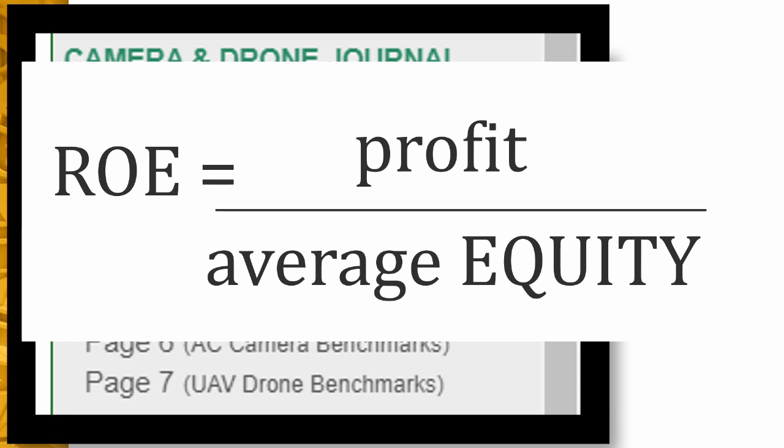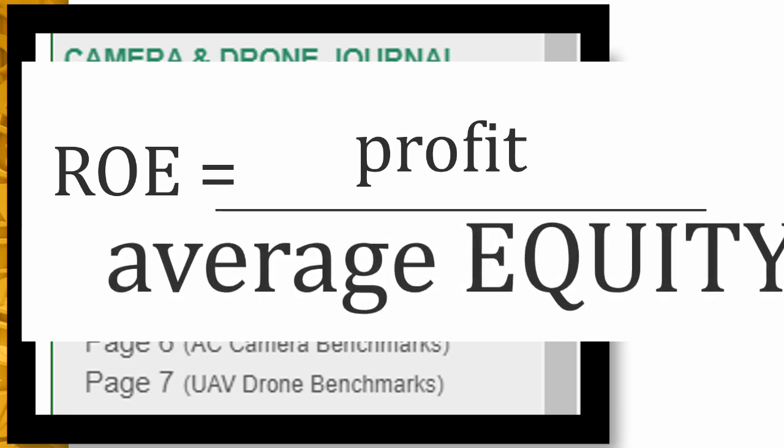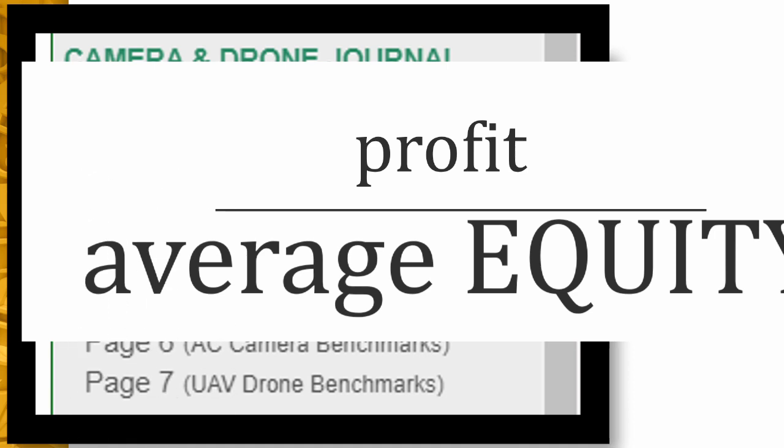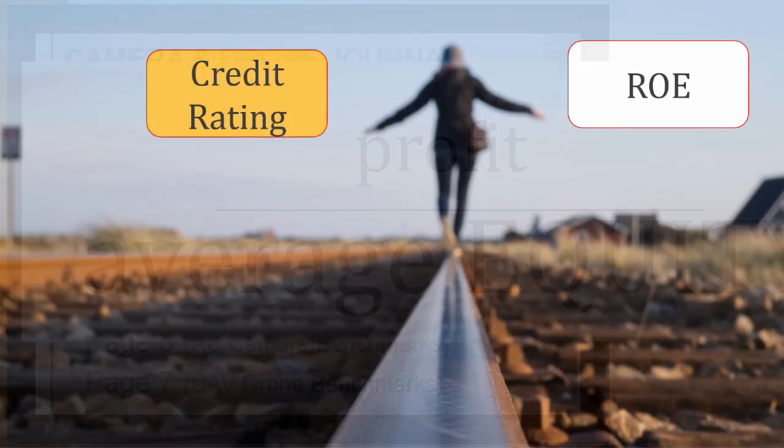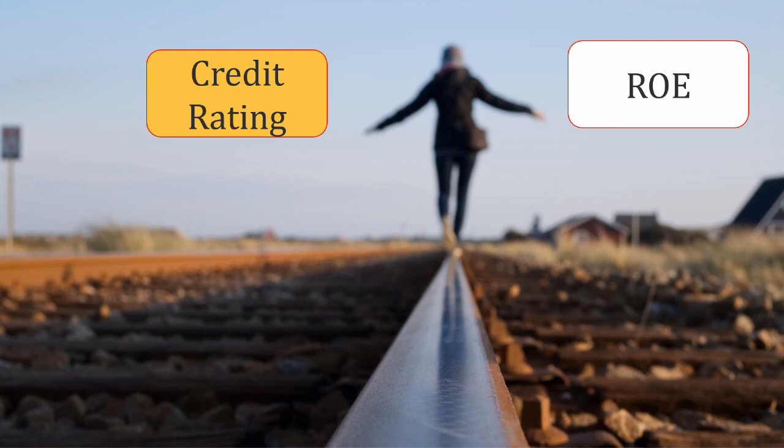Equity is what you get from selling shares and making profits. If you pay down all of your debt by inflating equity, then your ROE will go down. That's why it's a balance between credit rating and ROE. You need to have some debt as you grow your company, just not too much so that your credit rating falls off the tracks.